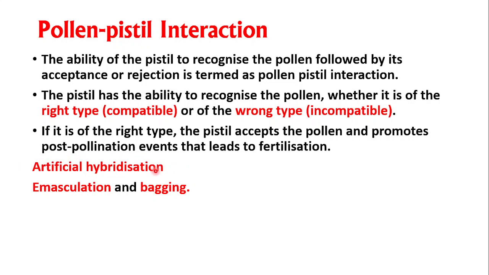Next one, artificial hybridization. What is artificial hybridization? It is a type of pollination that is done artificially. That means even scientists or human beings can do pollination artificially by means of a very simple technique.